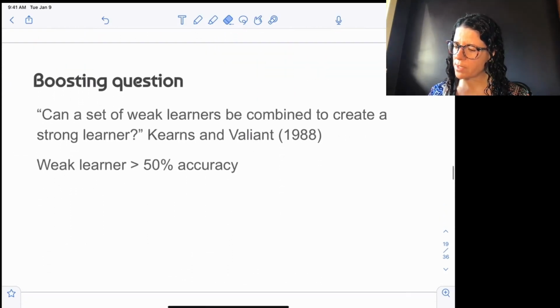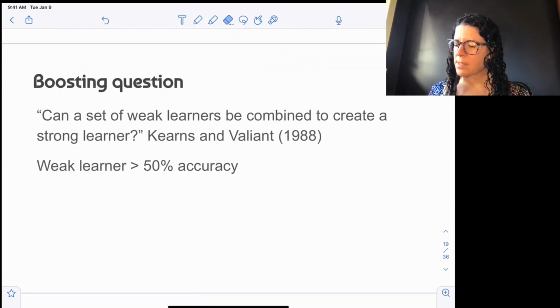So the boosting question is: can a set of weak learners be combined to create a strong learner? Again, in binary classification, a weak learner is just something with accuracy a little bit bigger than 50%. It doesn't have to be very complicated. It could be a tree that is not very deep, which by itself is not going to be very good.